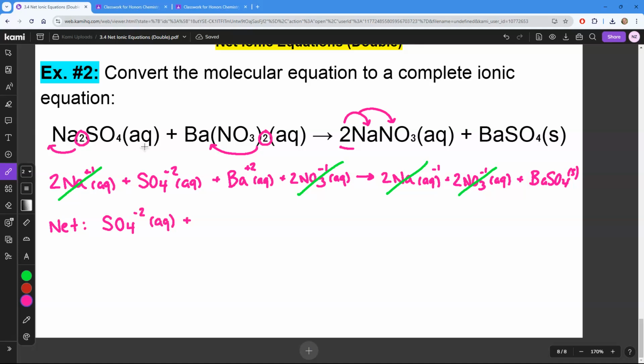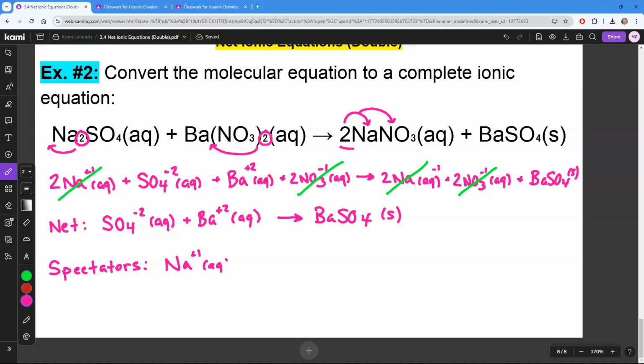I have barium. And that is going to form barium sulfate. Our spectators are anything left over. So that would be our sodium and our nitrate.